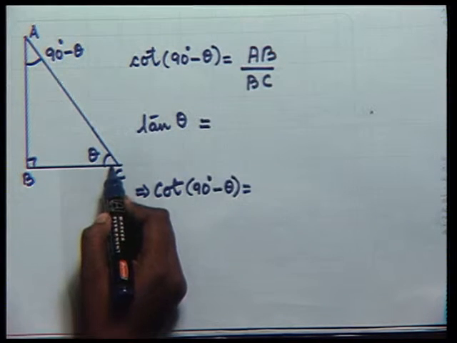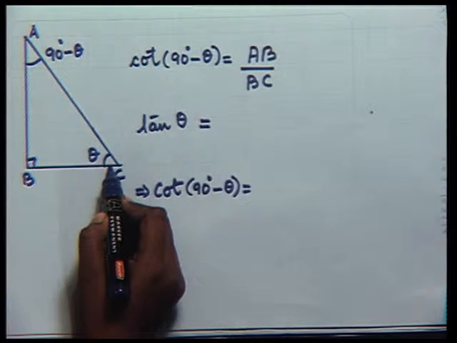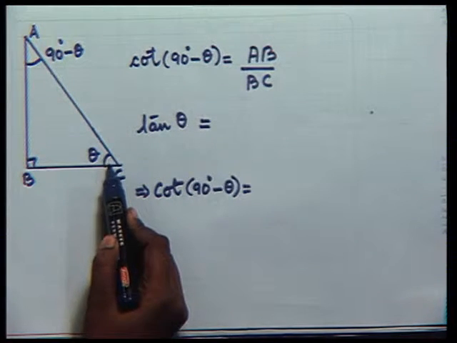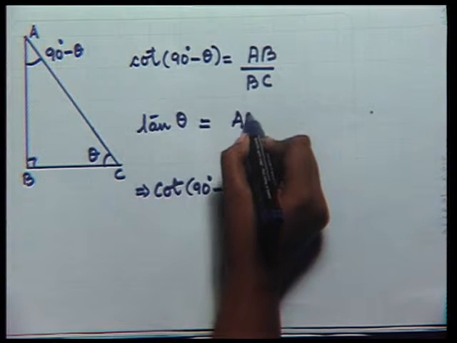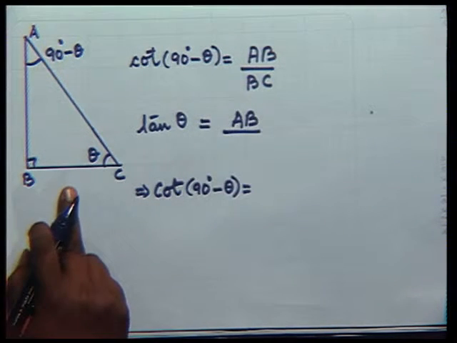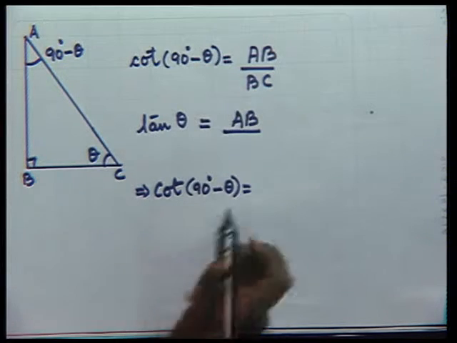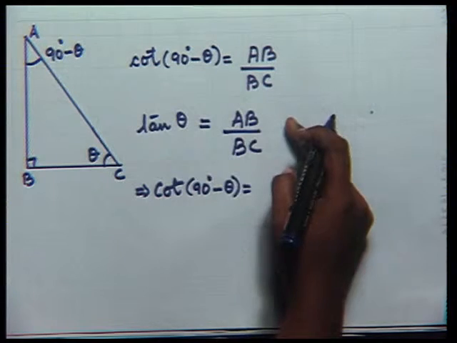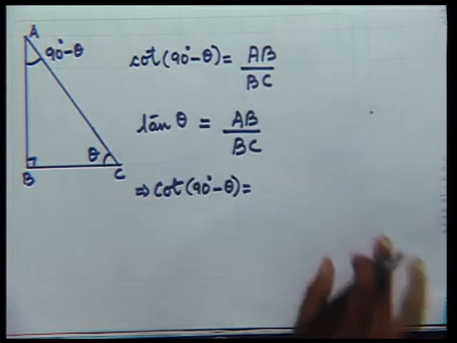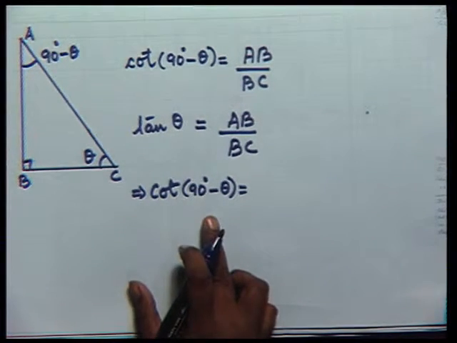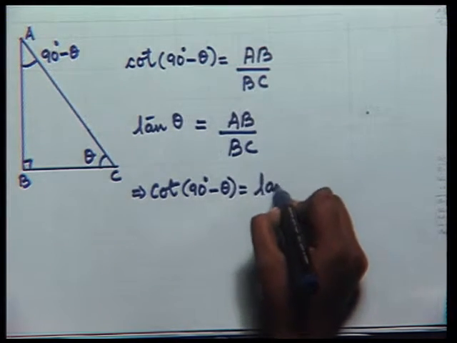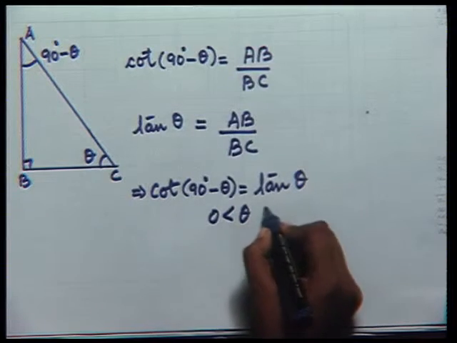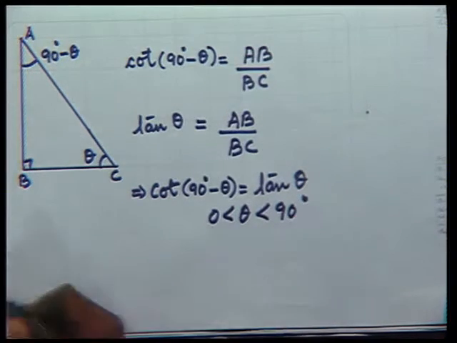Also, tan theta will be equal to the side opposite to the angle under consideration, which is again AB here, upon the side adjacent to the angle theta, that is BC. As you can see, these two are again equal. So, cot (90 degree minus theta) is equal to tan theta when theta is greater than 0 and less than 90 degree.